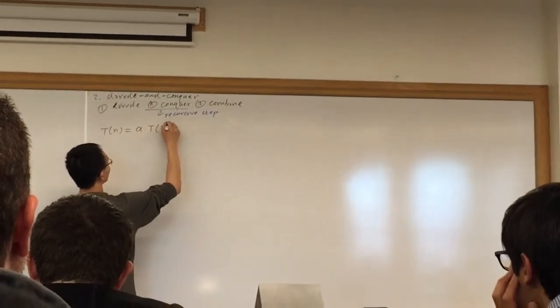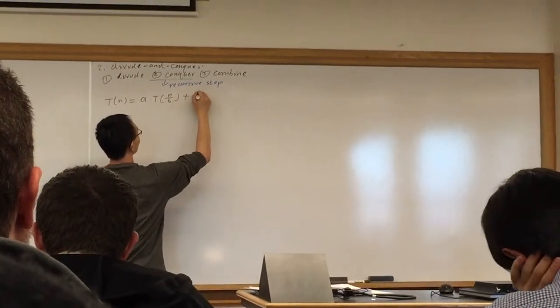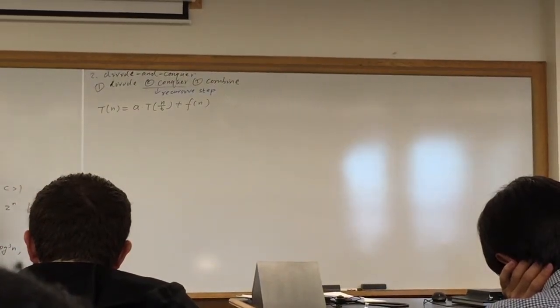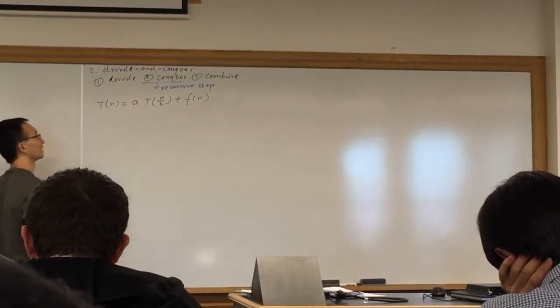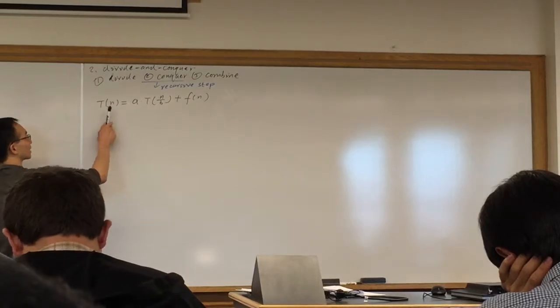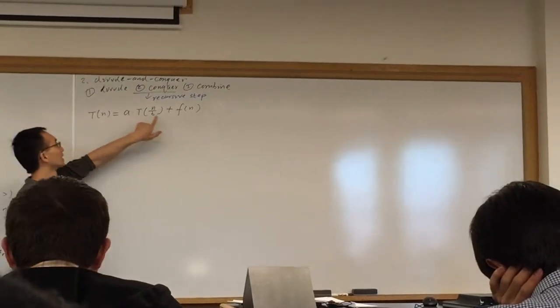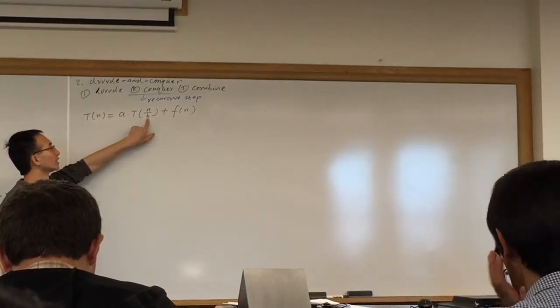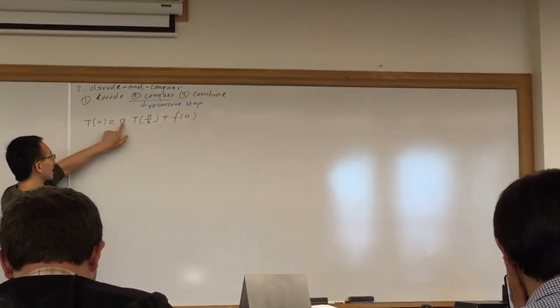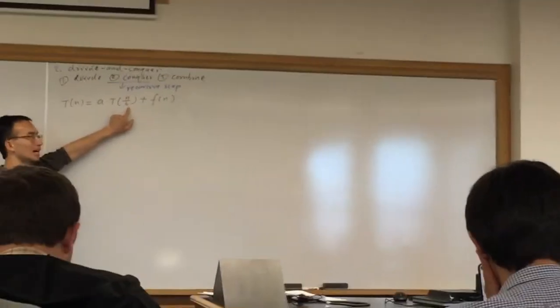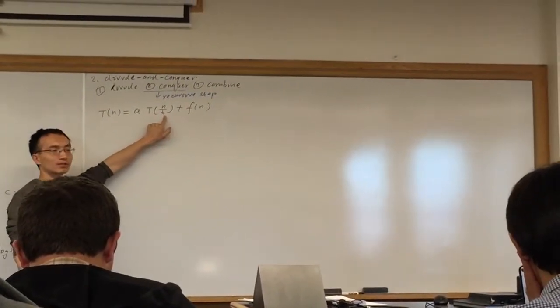We have T(n) = aT(n/b) + f(n). If you look at this recurrence, it means for the original problem of size n, we divide the input into a sub-problems, and the input size of each sub-problem is n over b.